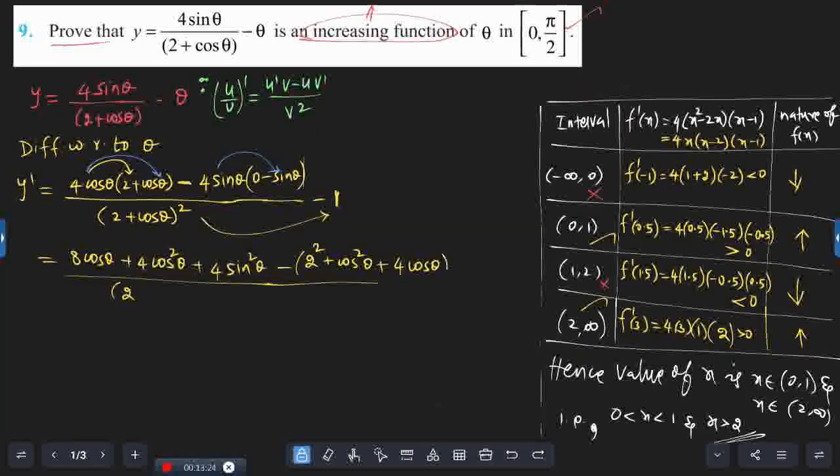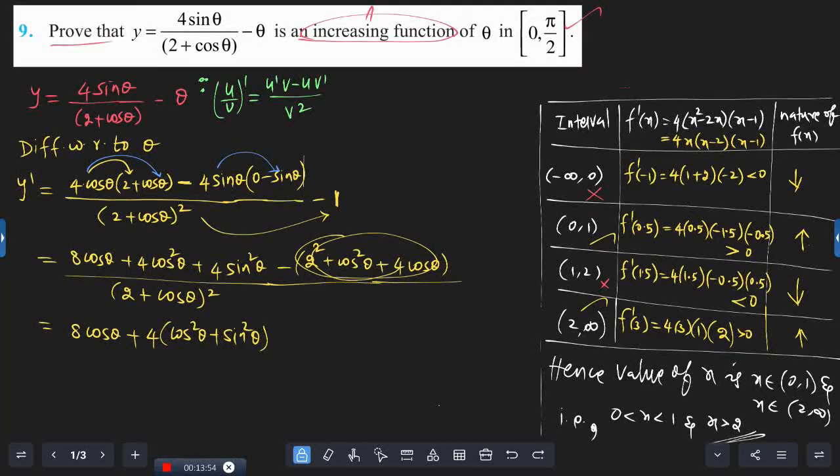I applied a plus b whole square formula when I take cross multiply. And denominator we have 2 plus cos theta the whole square. Now listen carefully. 8 cos theta, let it be as it is in the numerator. And in this 4, if you take outside, what I am getting? Cos square plus sin square theta.